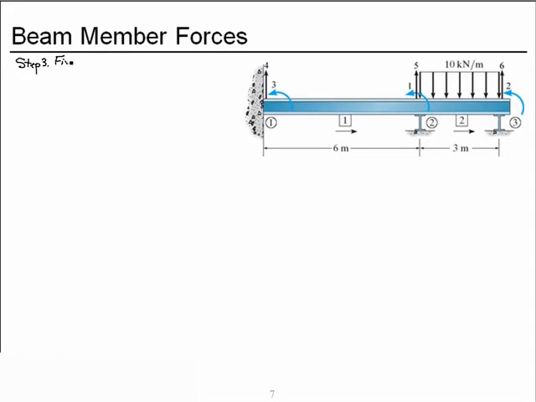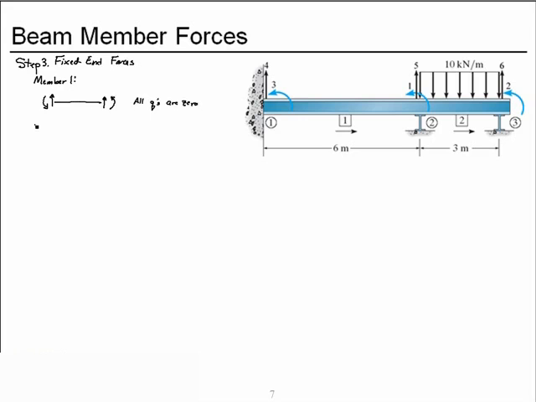Now step 3. Let's find the fixed end forces. Let's start with member 1. We'll have a shear at each end, a moment at each end, and since there's no load applied in between, all of these little Q's are 0.